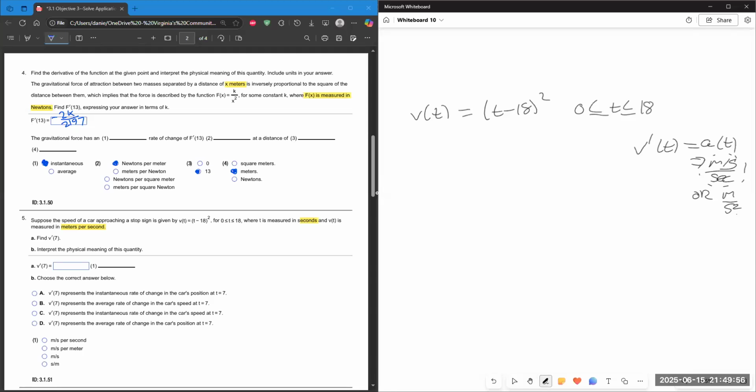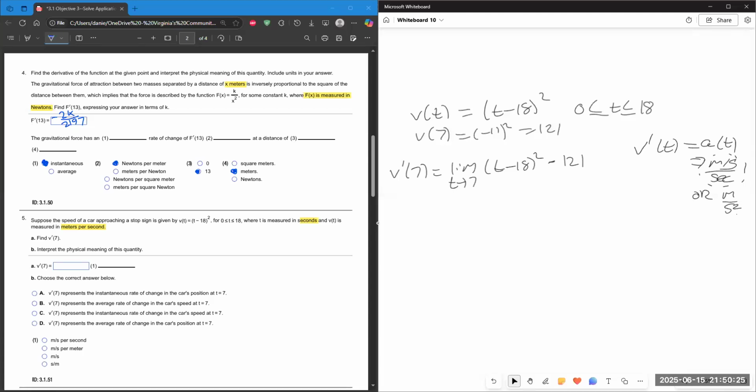All right, so v prime of 7. So I need to find v of 7, which is negative 11 squared, positive 121. So v prime of 7 is the limit as t goes to 7 of (t minus 18) squared minus 121 over t minus 7.